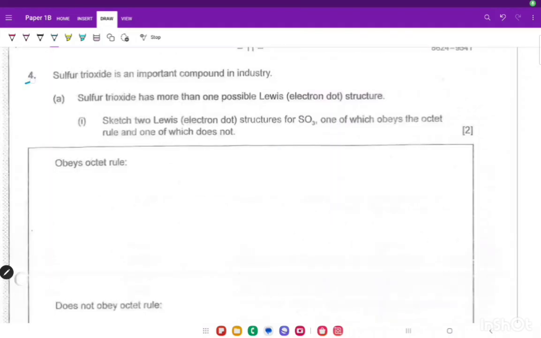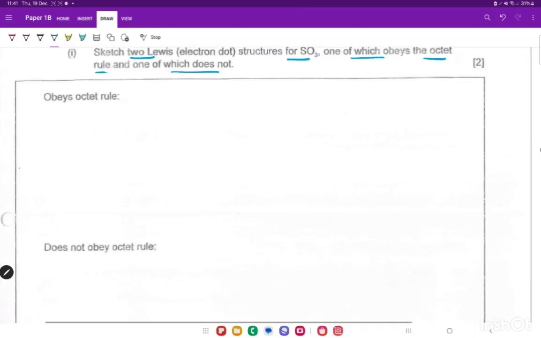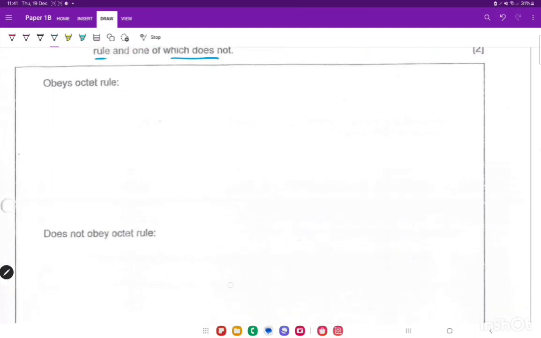Next is question 4, which says sulfur trioxide is an important compound in industry and has more than one possible Lewis structure, electron dot structure. Sketch the two Lewis structures for SO3, one of which obeys the octet rule and one which does not. First, I will draw the structure which obeys the octet rule.